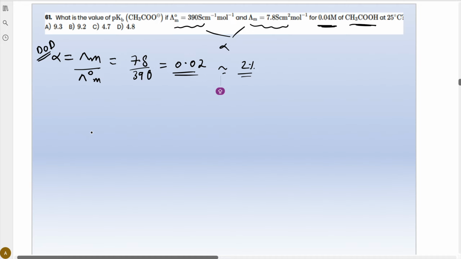Now try to find the pKb. For the pKb value you should know the Kb or Ka value. Let's see one by one. The Ka value we will calculate for acetic acid, because it is a weak acid, it will have a Ka value.